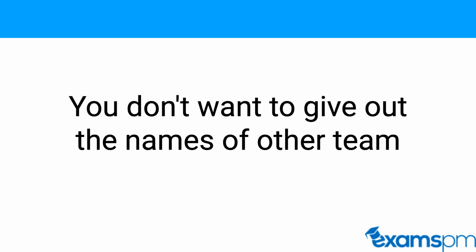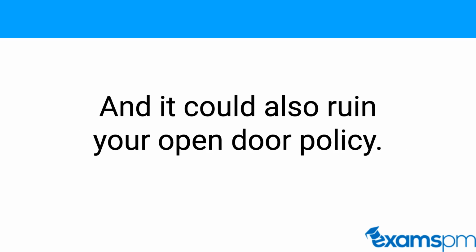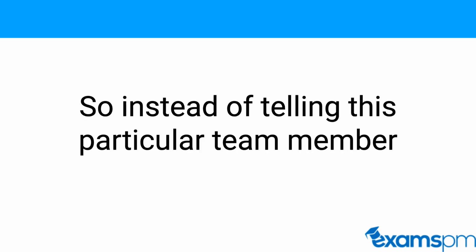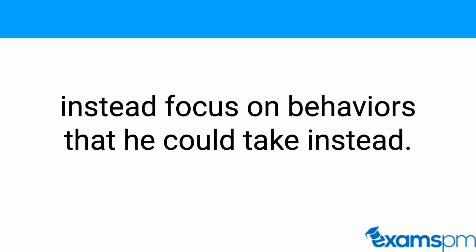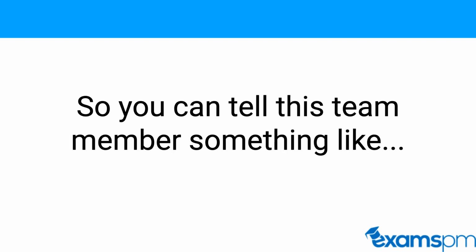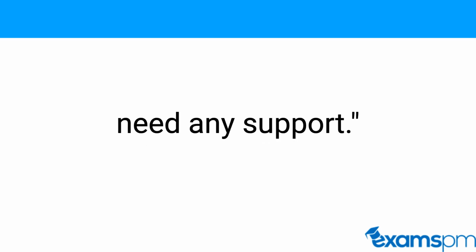You don't want to give out the names of other team members because it could create a negative dynamic and it could also ruin your open door policy. So instead of telling this particular team member that he can be really condescending, you can instead focus on behaviors that he could take instead. You could ask your team members if they need any support.